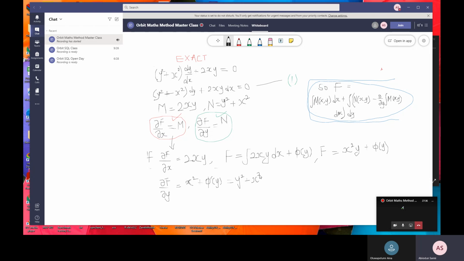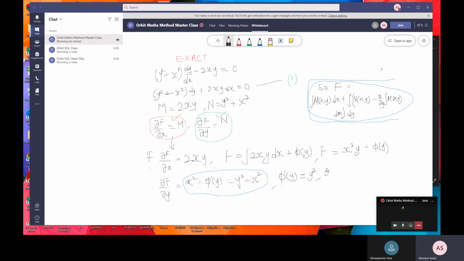So if I have this scenario, I'll just have to link up these two parts of the equation. From here I'll continue. I'll make phi prime of y the subject of the formula. So phi prime of y will be equal to y squared, because x squared will cancel x squared, right? Yes. So if phi prime of y is equal to y squared, how do I get phi of y?